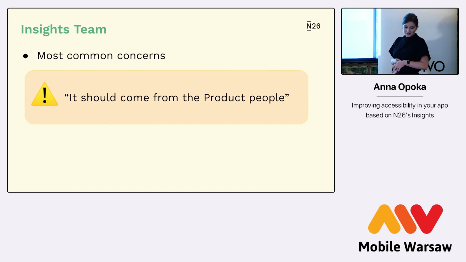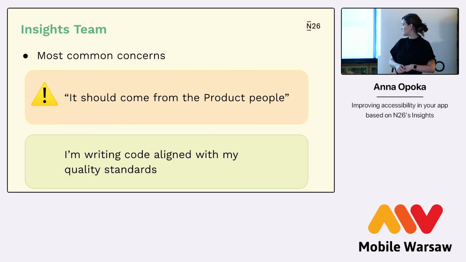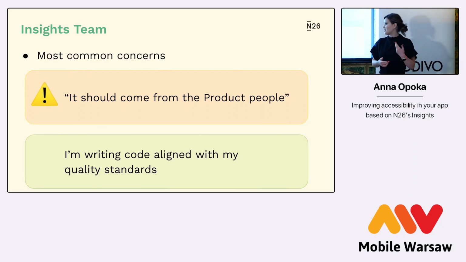But again, in my view, even if it doesn't come from your manager or your product owner, it doesn't mean that you cannot make the effort to make your app accessible. Because in this presentation, I want to focus on the things that are in our control.